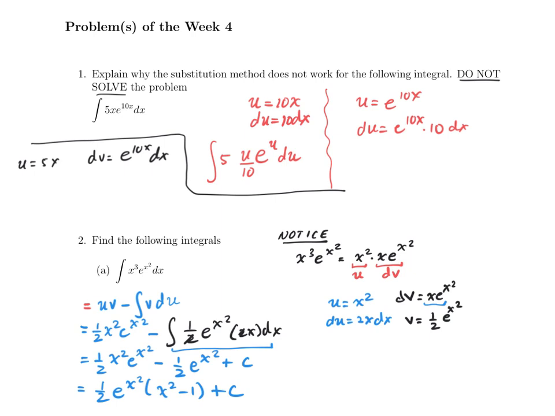So for that, notice the sine cubed is the same thing as sine x times sine squared x. Then, using identities, sine squared x is the same thing as 1 minus cosine squared.